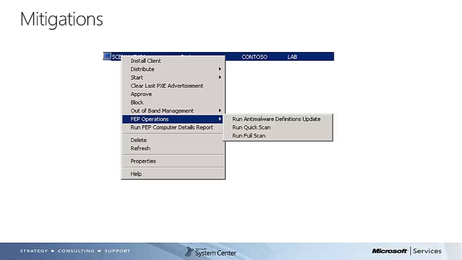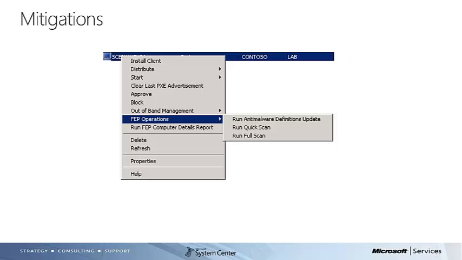So what happens in the background is a new collection gets created with that system or group of systems that you have selected, and then an advertisement is actually sent to that new collection with the selected activity or mitigation step, whether that's running anti-malware definition updates, running a quick scan, or running a full scan.